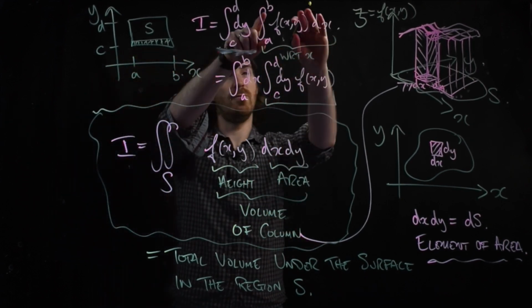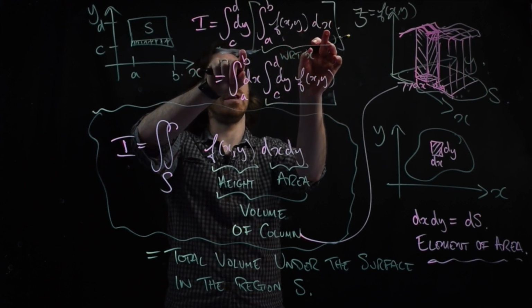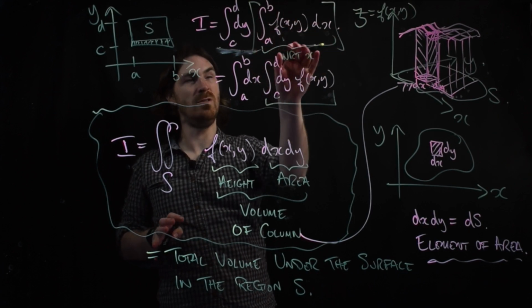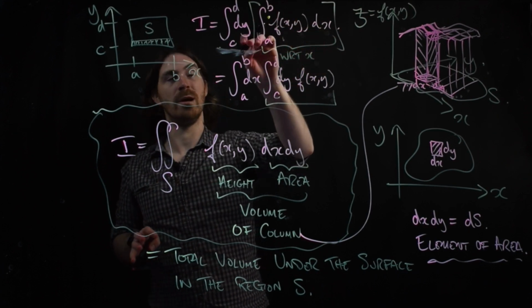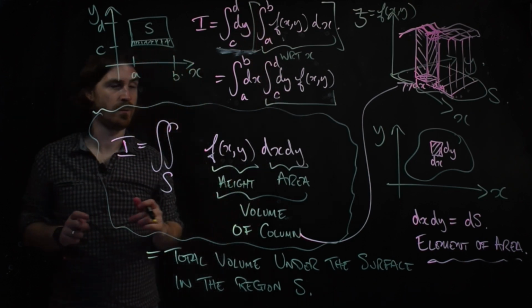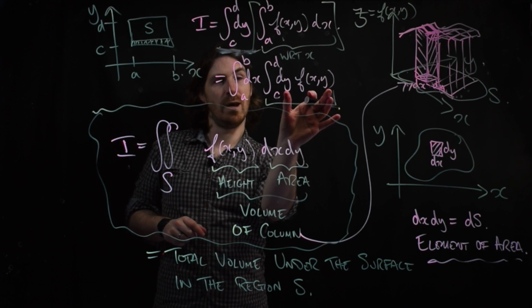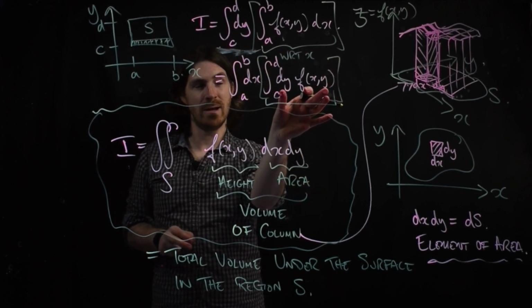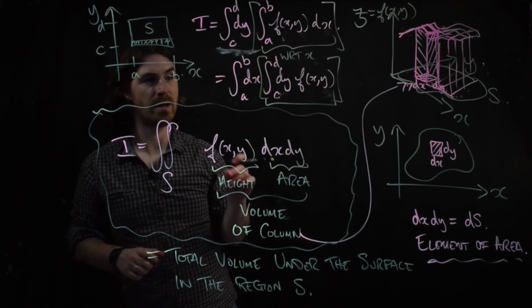If we integrate f of x y over dx, we're integrating out the x. This will give us a function that just depends on y, and then we integrate that function dy. In this case, we integrate with respect to y first. This gives us a function that only depends on x, and then we integrate that function with respect to x.